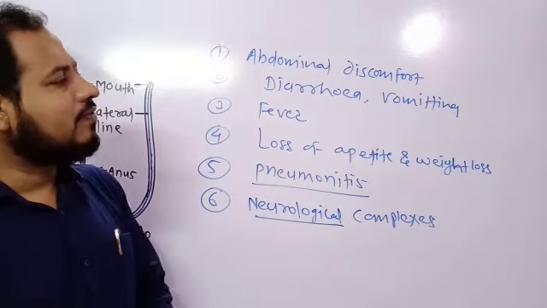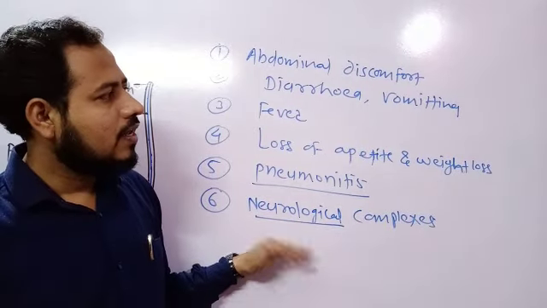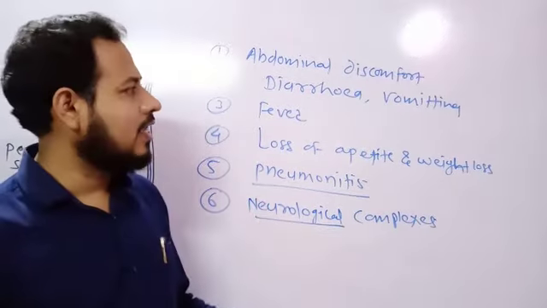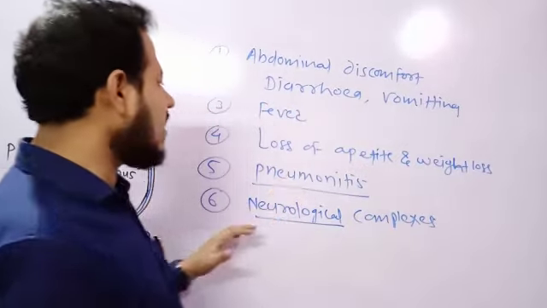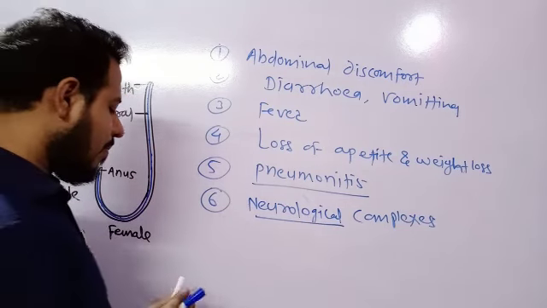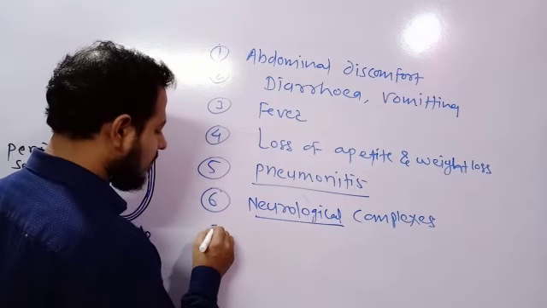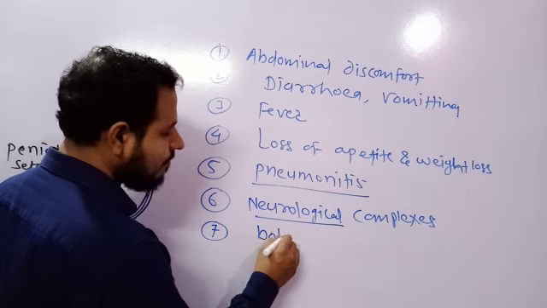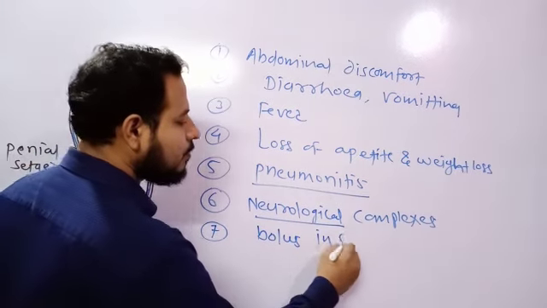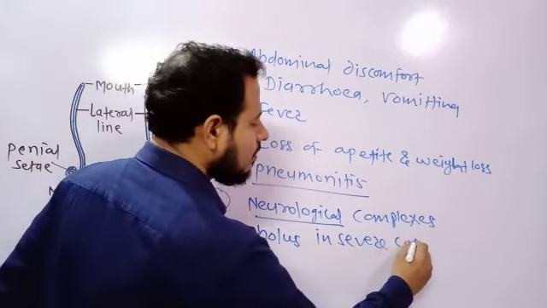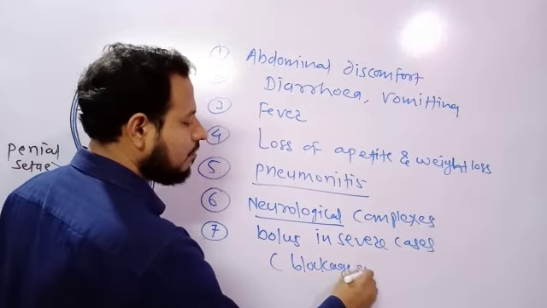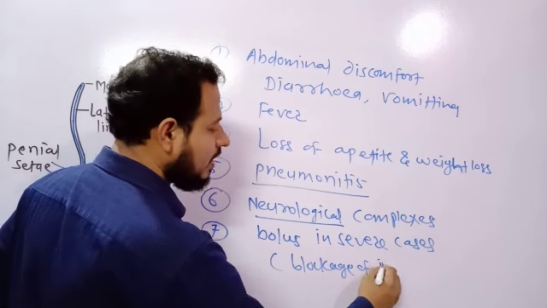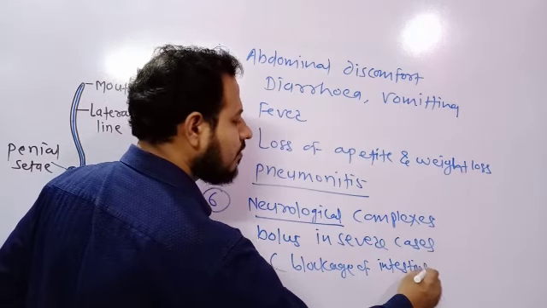So symptoms related to the intestine mean indigestion, leading to vomiting as well as diarrhea and loose motions, and the person becomes weak. If the intestine is strongly affected, it may need surgical procedures. In severe cases there is a bolus, that is, blockage of the intestine by these worms.